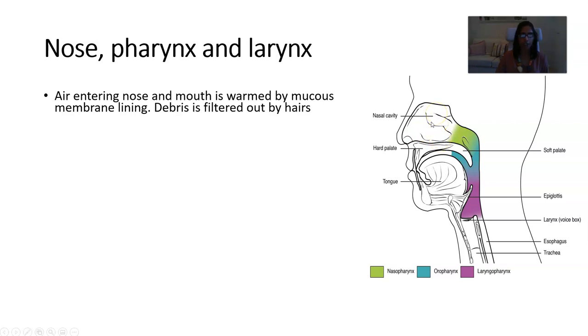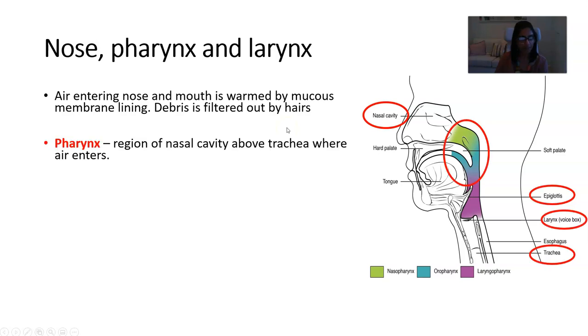Okay, so that mucus helps to trap any dirt, dust and bacteria that you breathe in. It's warm and sticky, which also helps to humidify that air as we breathe it in, and the hairs will help to filter any of that potential bacterium-causing chemicals. So that's the nasal cavity.